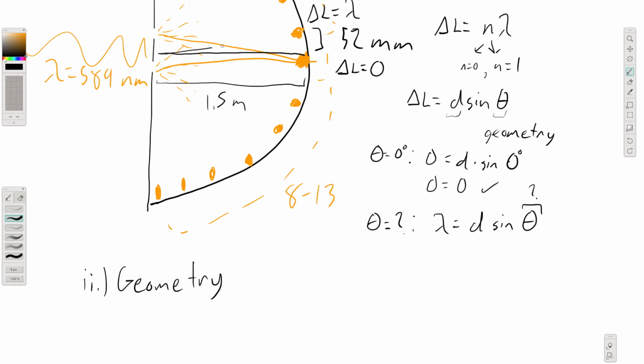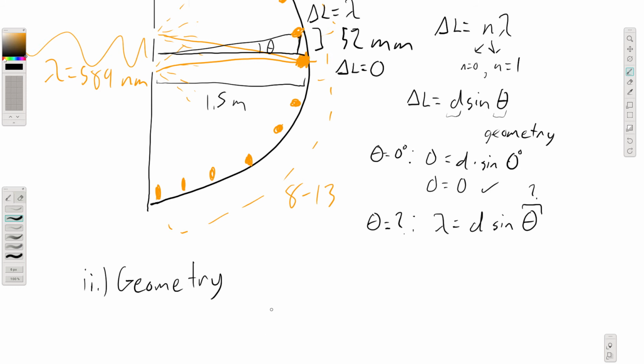I'm going to draw a little one here, and we know that this angle is theta. Because the problem says this is about 52 millimeters and they're about evenly spaced, this little segment on the curvy part is about equal to the length of the not curvy part. So we're just going to use that as if it were a triangle.